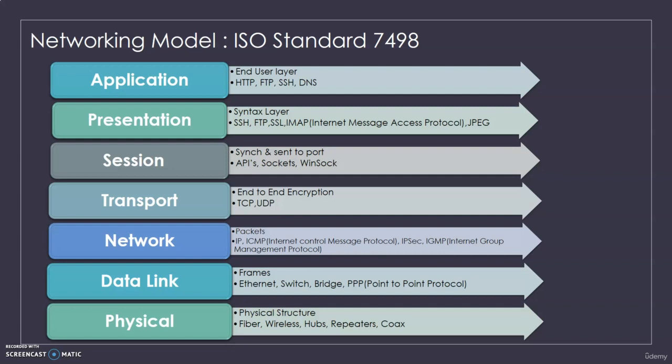When it's received by the application layer on the receiver side, the receiver's application layer needs to know what to do with it. Is it FTP? Do I need to send it to the FTP server? Is it HTTP? Do I send it to the browser, or is it SMTP? So how does the application layer decide where to send this?